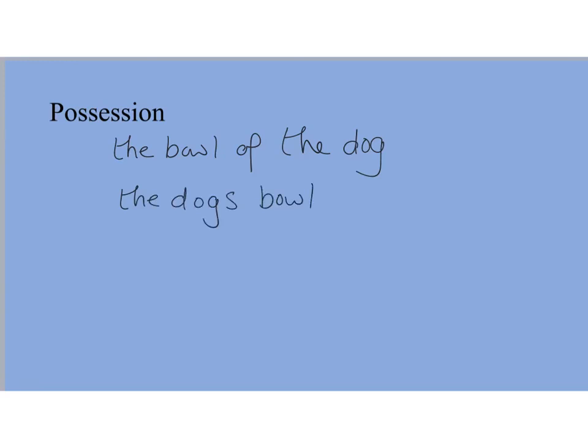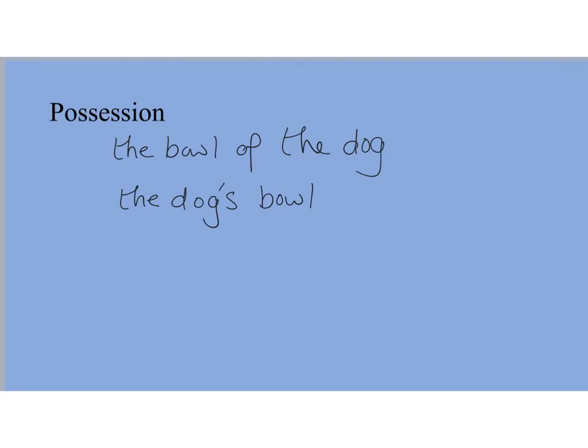So generally, if you're talking about something owning something else, the long way of doing it is to use the word of. So if you want to talk about a dog who owns a bowl, you could say the bowl of the dog. Now what we tend to do is flick the word order around and say the dog's bowl, and in this example the apostrophe goes there.